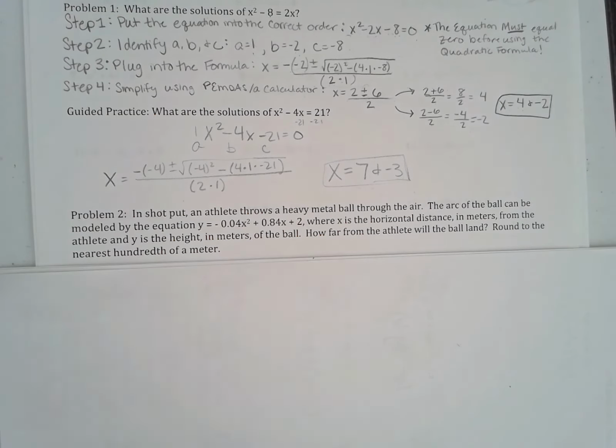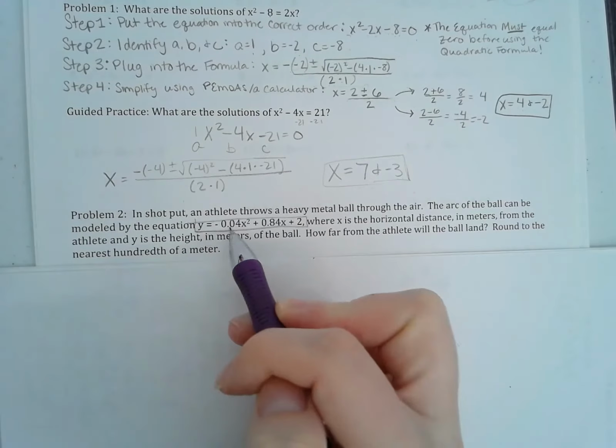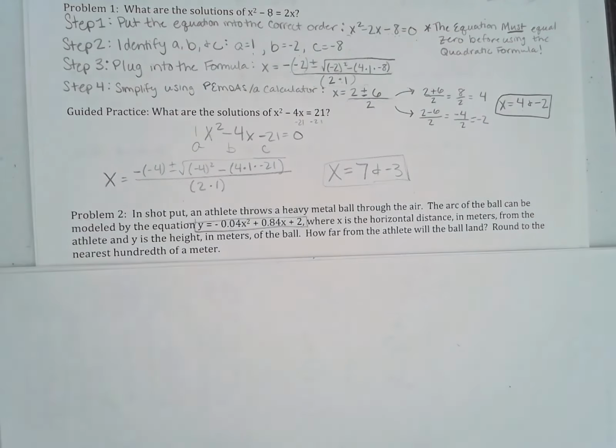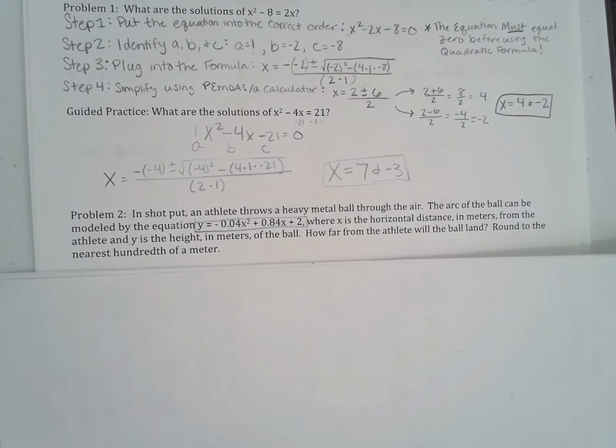So that's the equation that you're going to use in the quadratic formula, A, B, C. Where x is the horizontal distance in meters from the athlete and y is the height in meters of the ball, the first question is asking how far from the athlete will the ball land? Round to the nearest hundredth of a meter. So a hundredth will be 2 decimal places, just like in the beginning problem.